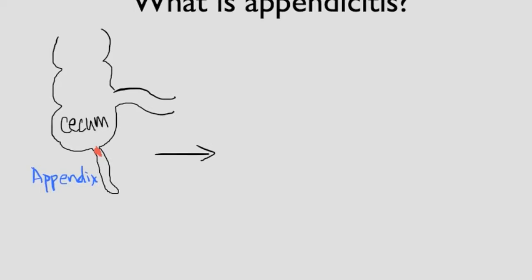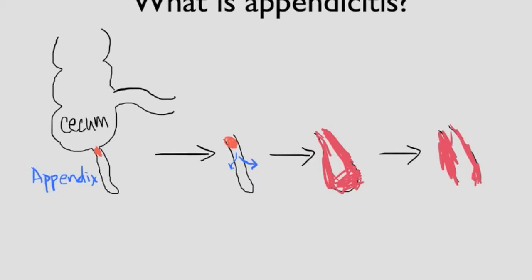The epithelium then breaks down and allows for bacterial invasion. That leads to inflammation and edema. As this progresses, the tissue infarcts. The perforation then spills the infected material into the peritoneum.